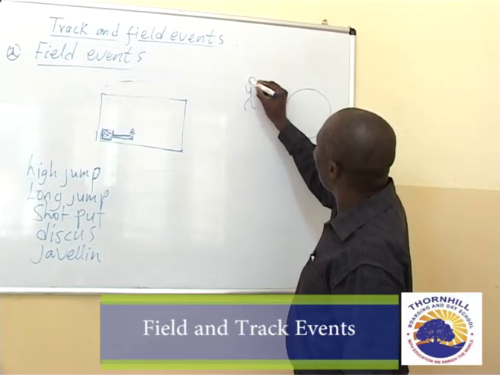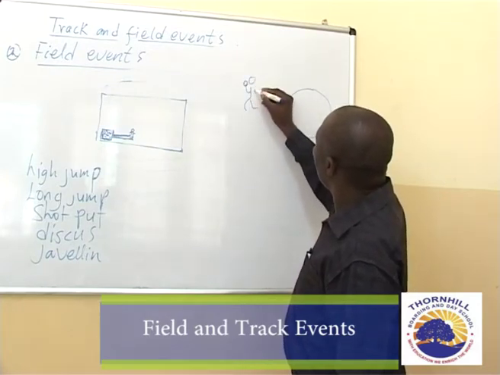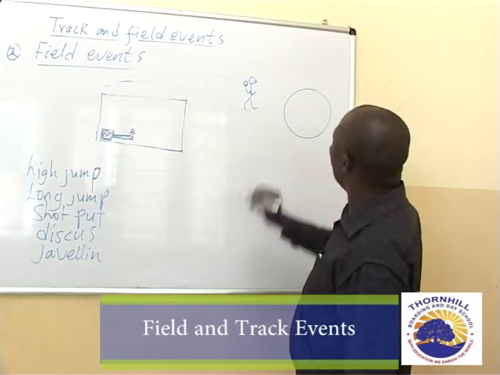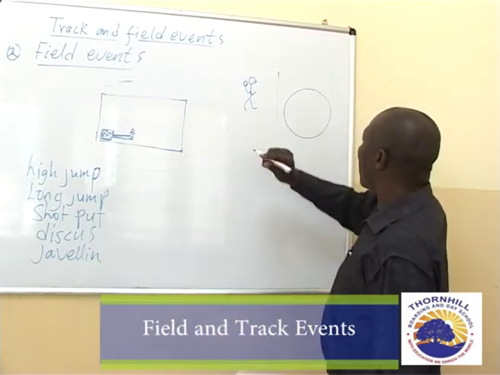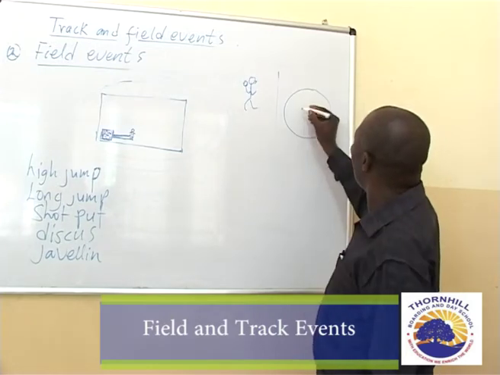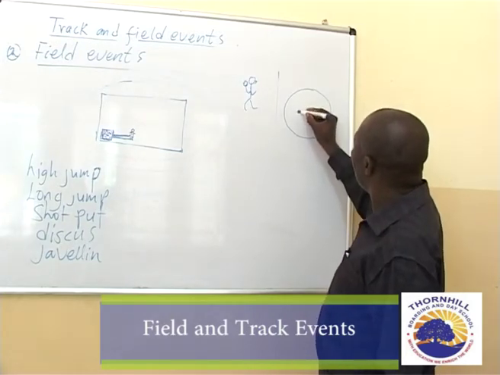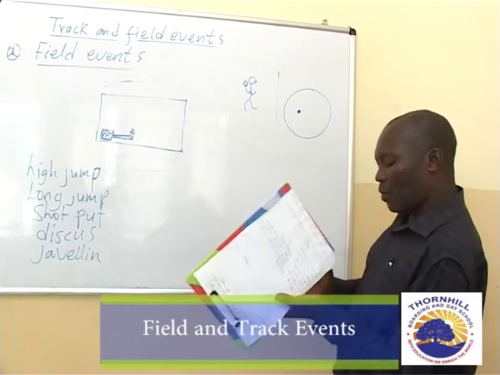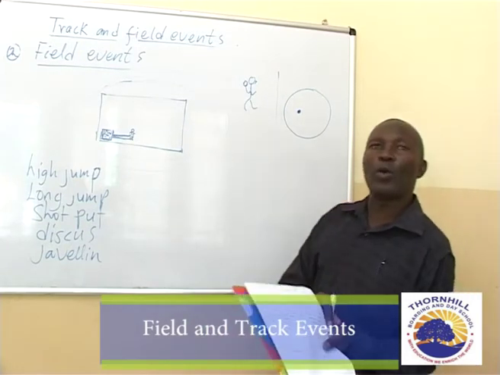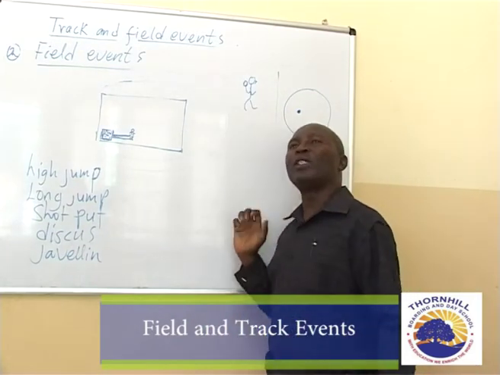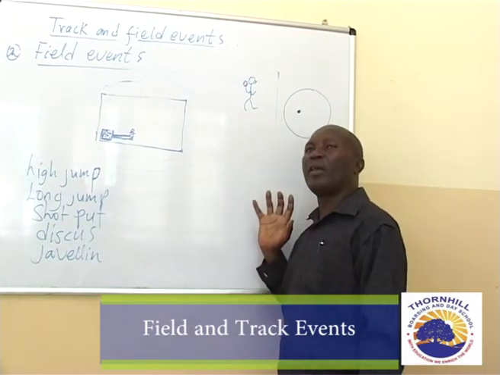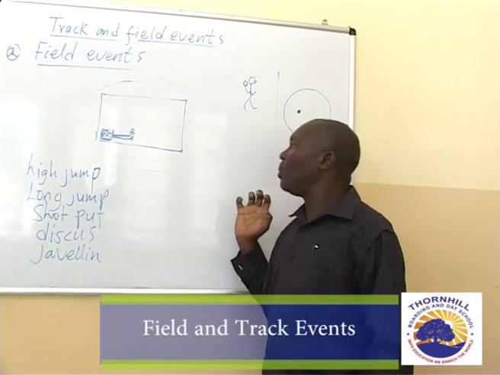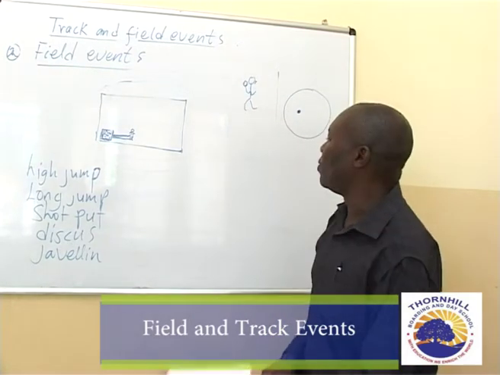They are held there like that. Once the throw is made, they will measure the distance where it falls. But before you make a throw, you must first exercise your body so that the heavy metal ball will come out with force.